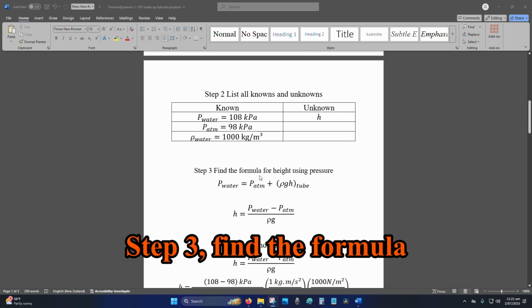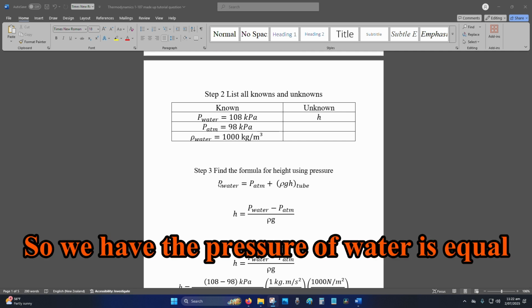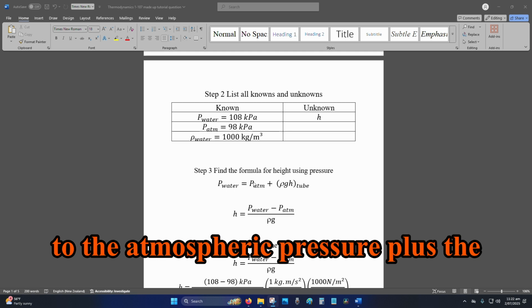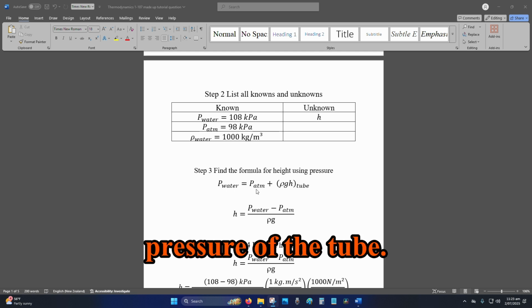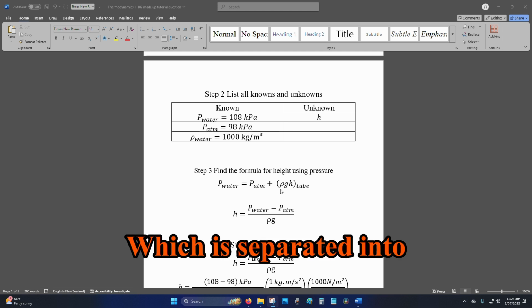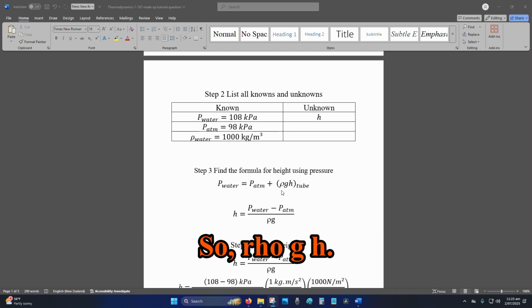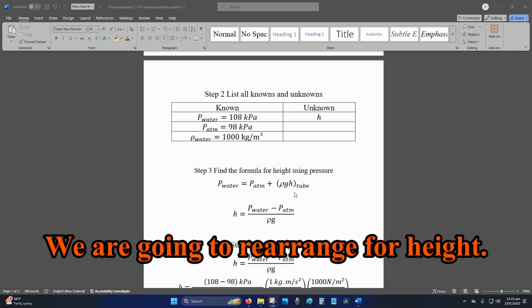Step 3, find the formula for height using pressure. So we have the pressure of water is equal to the atmospheric pressure plus the pressure of the tube, which is separated into density, gravity, and height, so rho g h.